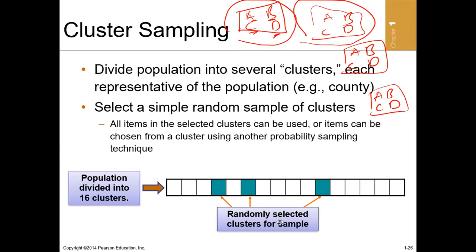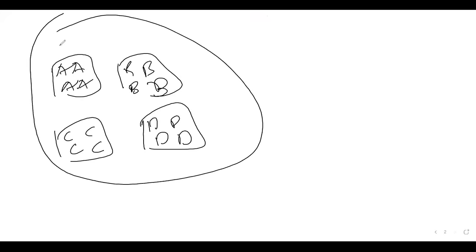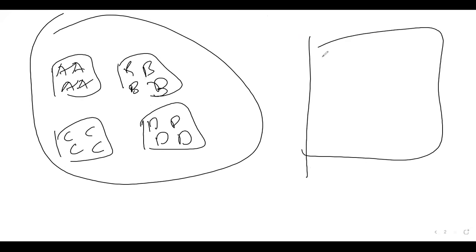So the difference then between cluster and stratified is that stratified will have A, and will have B, B, B. And another stratum will have C, C, C. Another stratum will have D, D, D. This is stratified. Internally, within one stratum, the elements are the same. But if you compare one stratum against another stratum, it's different. But for cluster, as I've shown you, in every cluster, the elements are different.